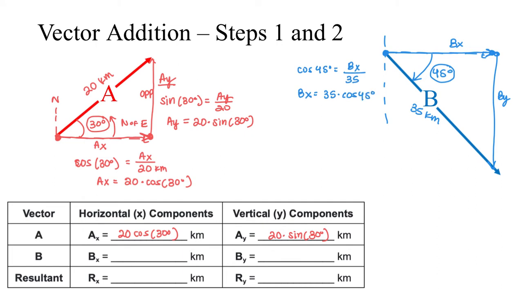Now, my b sub y is the opposite side, right? Opposite side, so I can use sine. So sine of 45 degrees would be b sub y over 35, meaning b sub y is going to be 35 times sine 45. Now, this is very important. Stop here.